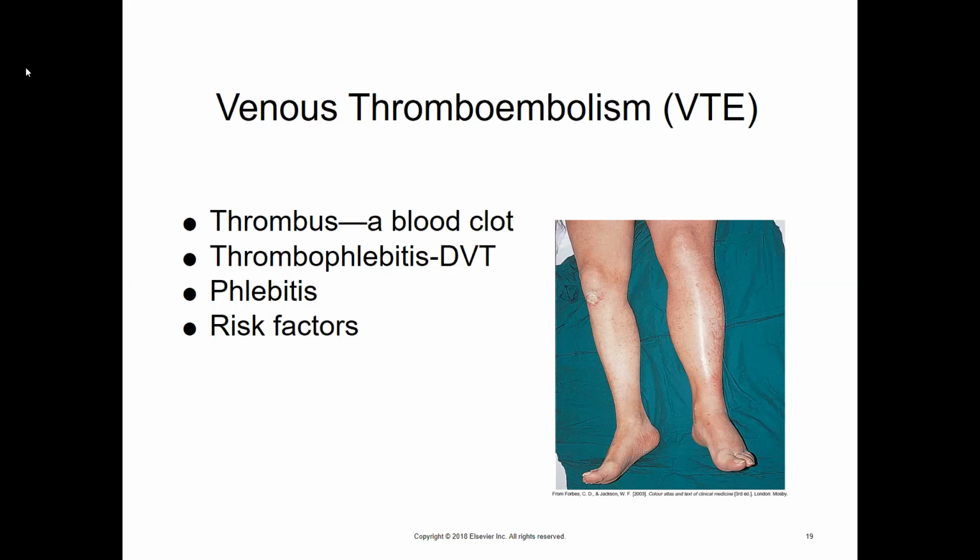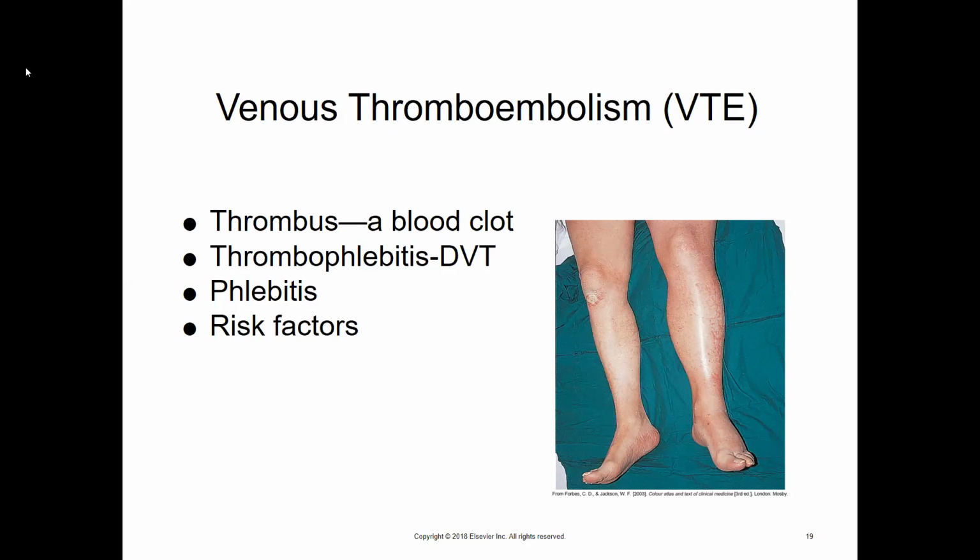But anyway, you will have a lot of patients that are admitted with a blood clot. A deep vein thrombosis. This is the most common type of thrombophlebitis. So a DVT can occur in the arms and the legs, but usually occurs more in the legs.